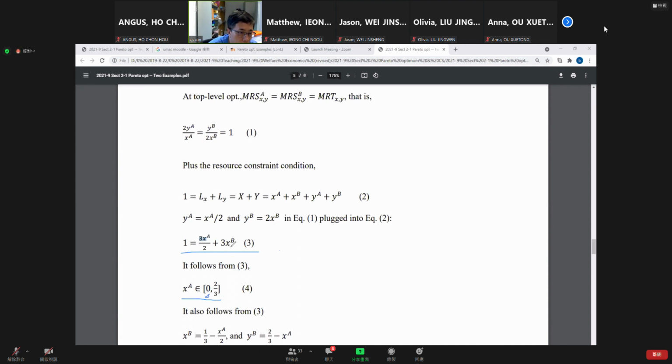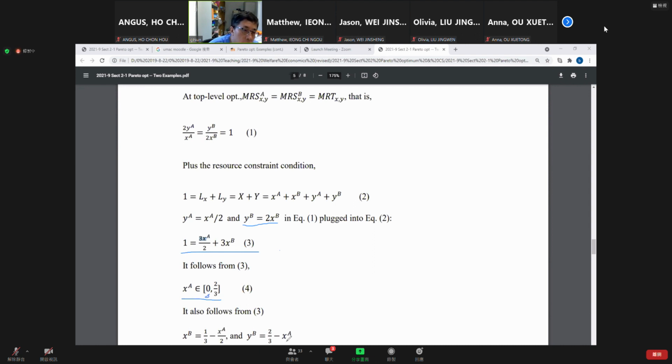So therefore, XB equals 1/3 minus half XA. So this is the relationship between XA and XB. And YB equals double XB. So therefore, this one double means this number becomes 2/3. This number becomes single XA.